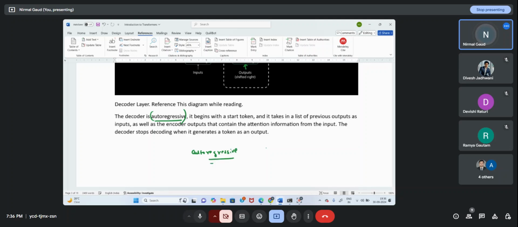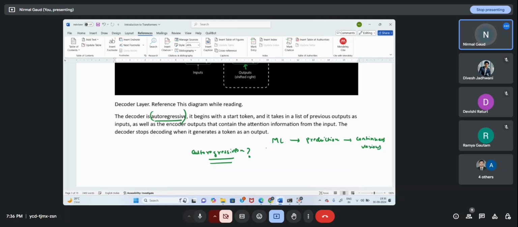What is regression? We have studied regression in machine learning, where we perform predictions of continuous variables.